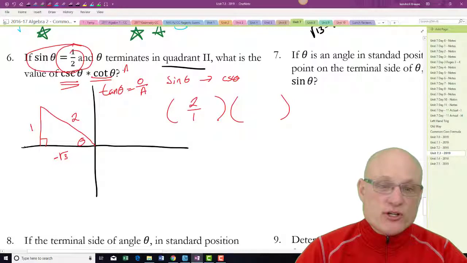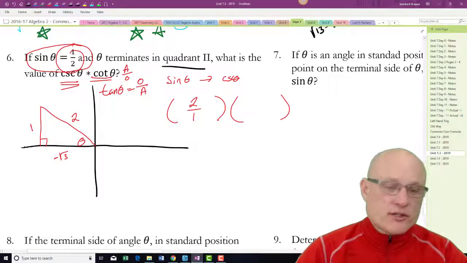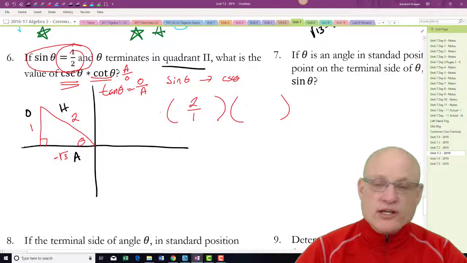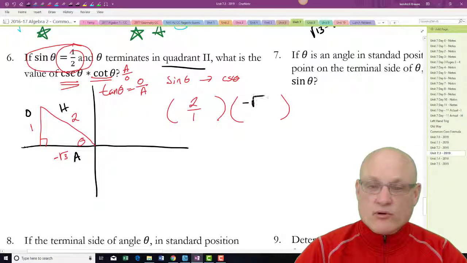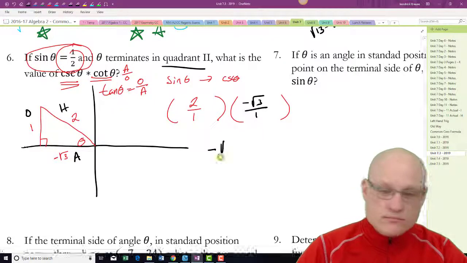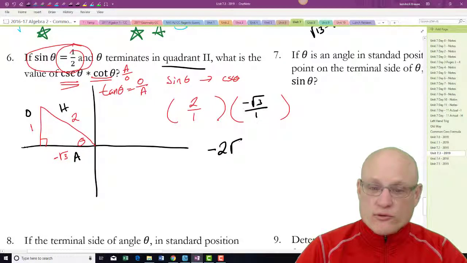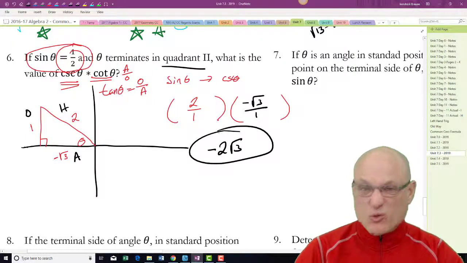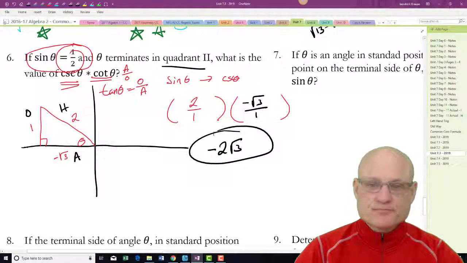So this is adjacent over opposite. Oh, I haven't labeled these things. Hypotenuse, opposite, adjacent. So adjacent, negative square root of 3, over opposite, which is 1. So this is just negative square root of 3. Over 1, but who needs the over 1? All right, moving on.